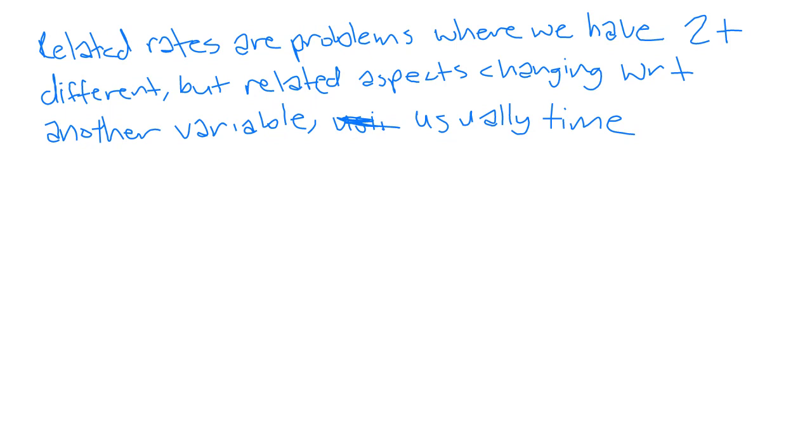So first, let's go over how we can strategize for related rates. You initially end up getting some information, but now let's think about what to actually do with that. So here's what I would say is a strategy.